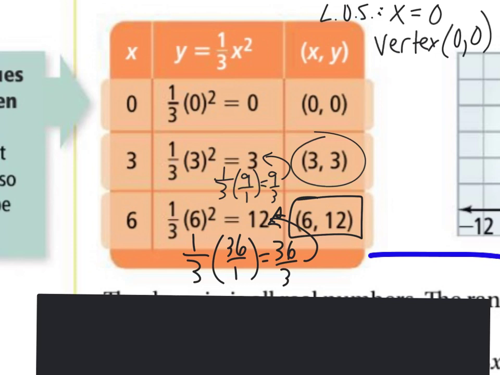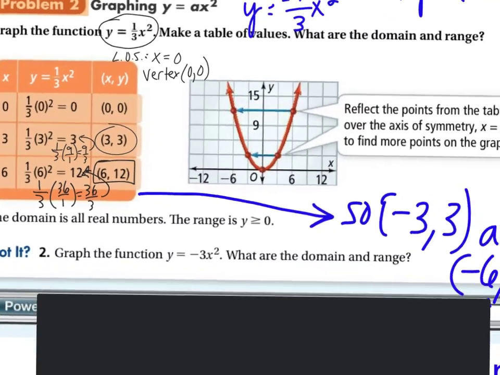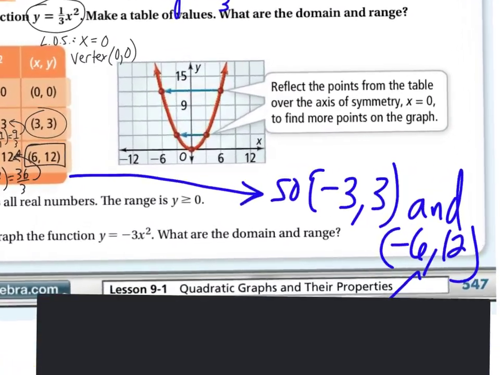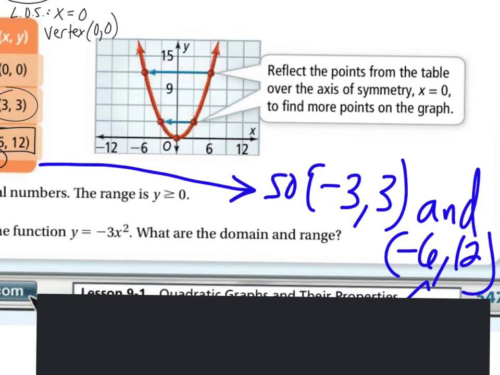So (6, 12) would be another point on the graph. And then what the book's saying is let's reflect those points. If we reflect across, in this case, it makes it easier because it's the y-axis, we're going to be the same distance away. If we were at (3, 3), that's 3 units to the right, so 3 units to the left would be (-3, 3). Same thing for our other point.